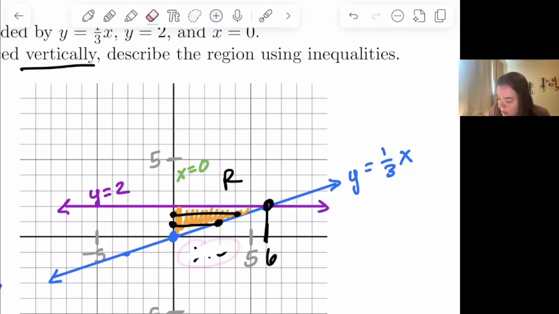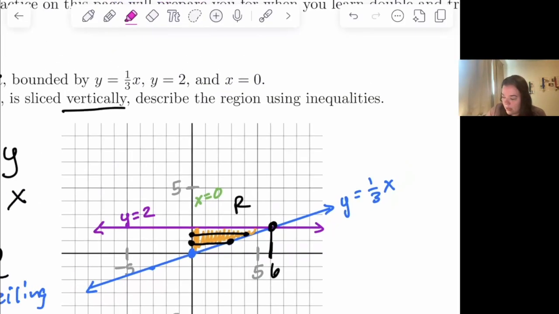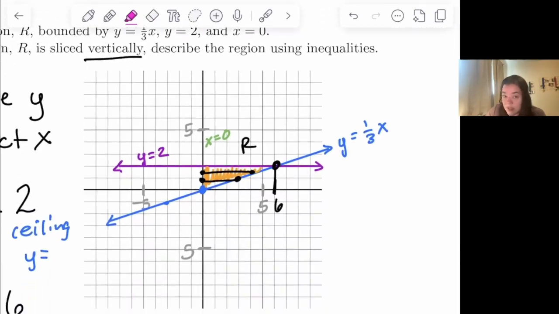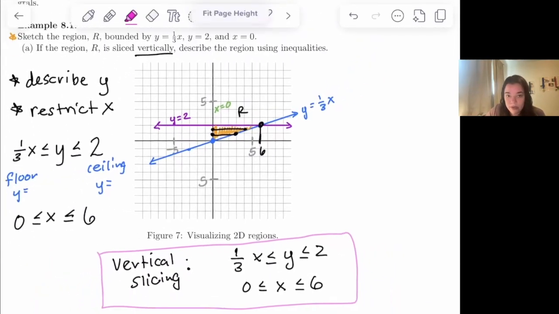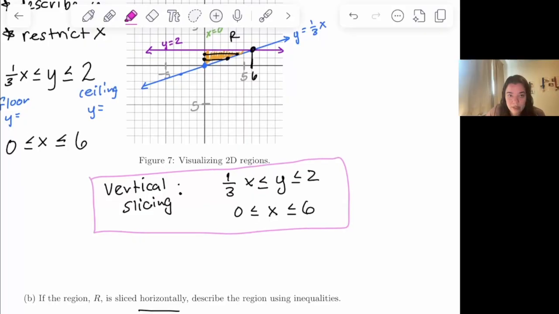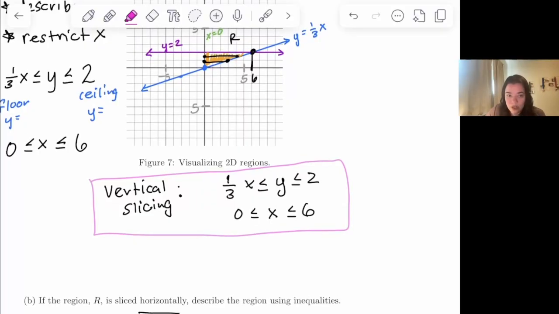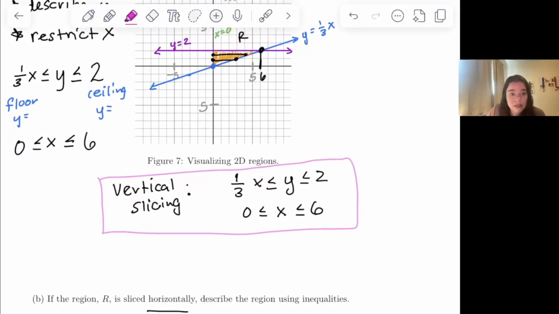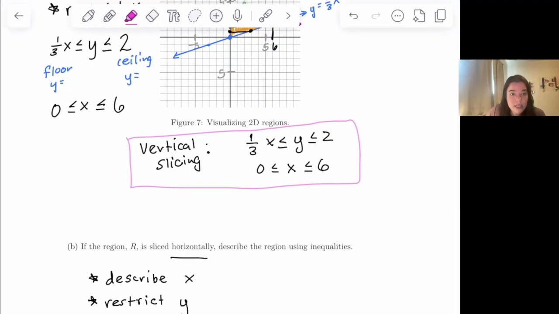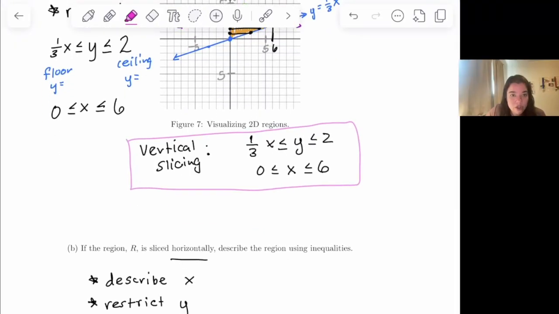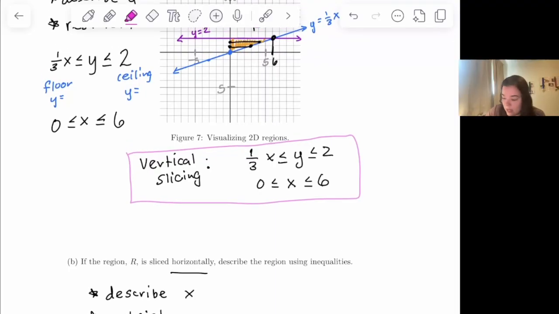And let's scroll and see if I can keep some of this on the page as we talk about the final stage here. So that picture we're looking at, the first thing we need to do is describe x. I'm writing at the very bottom of the page, describing x. Remember, x is going to be bounded.